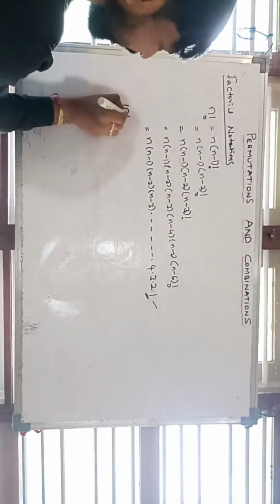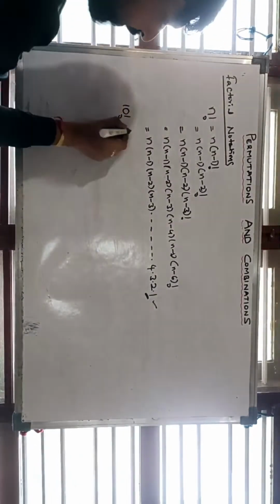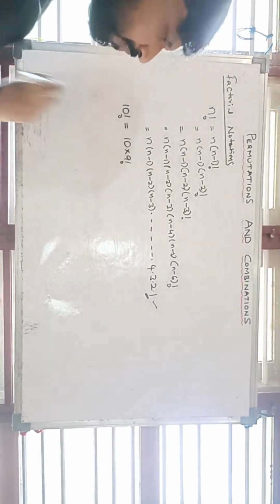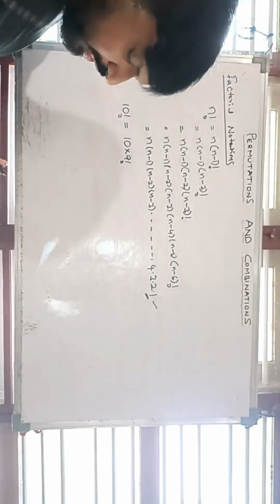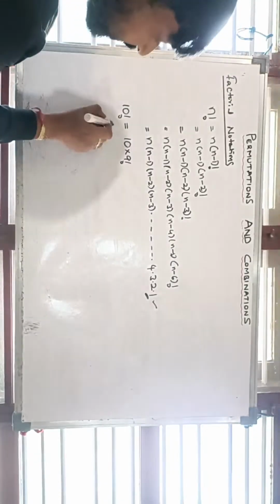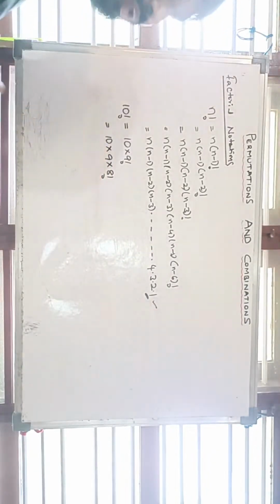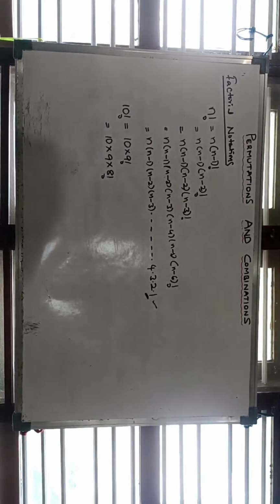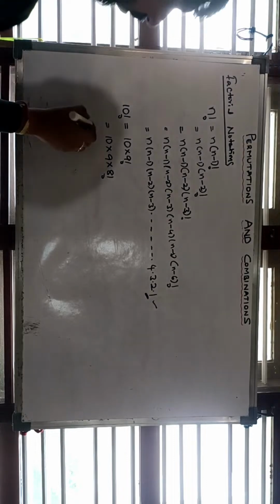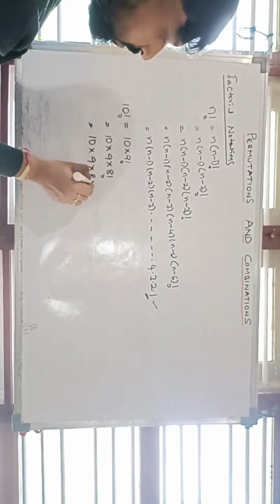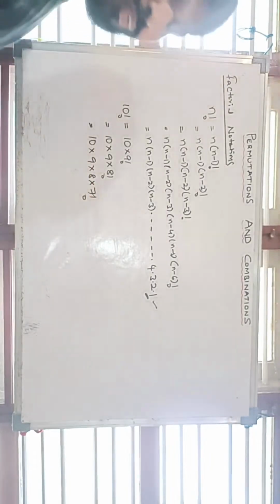For example, 10 factorial. 10 factorial can be written as 10 into 9 factorial. Then it can be written as 10 into 9 into 8 factorial, and then 10 into 9 into 8 into 7 factorial also.